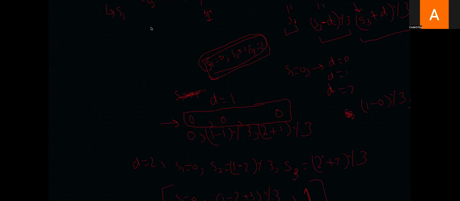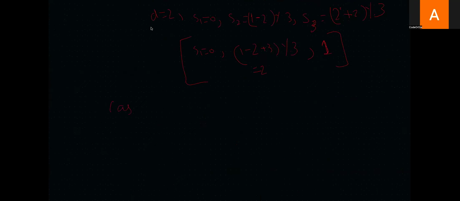Now, this was case 1. Case 1, all are distinct. Now, I'm going to case 2, if all were the same. Let's say all were 0, 0, 0, or you could even consider it 1, 1, 1. It doesn't matter.